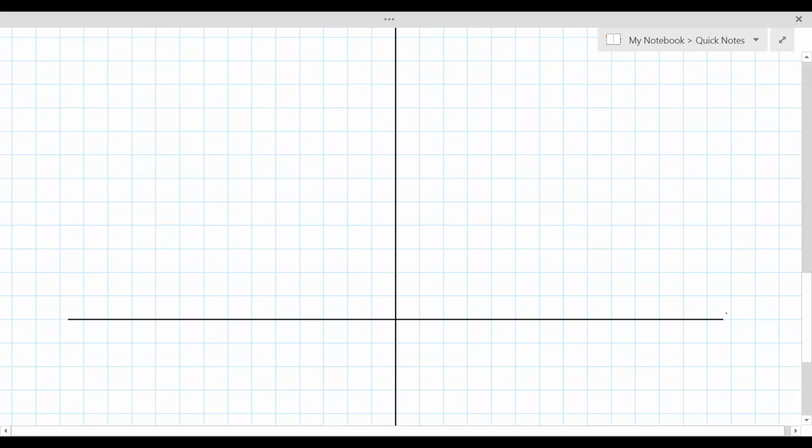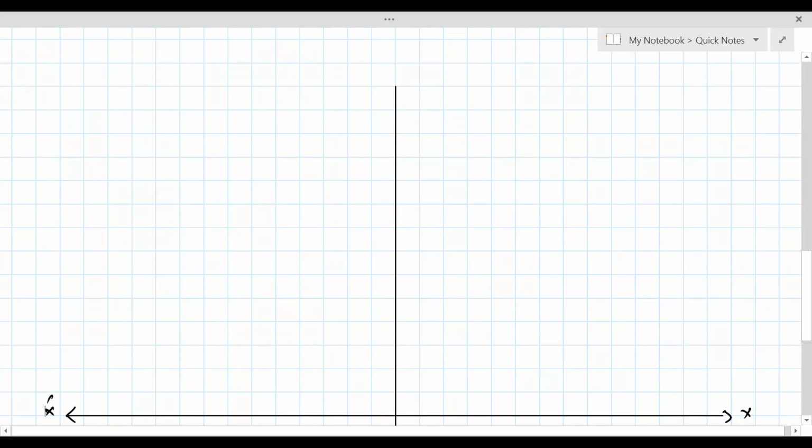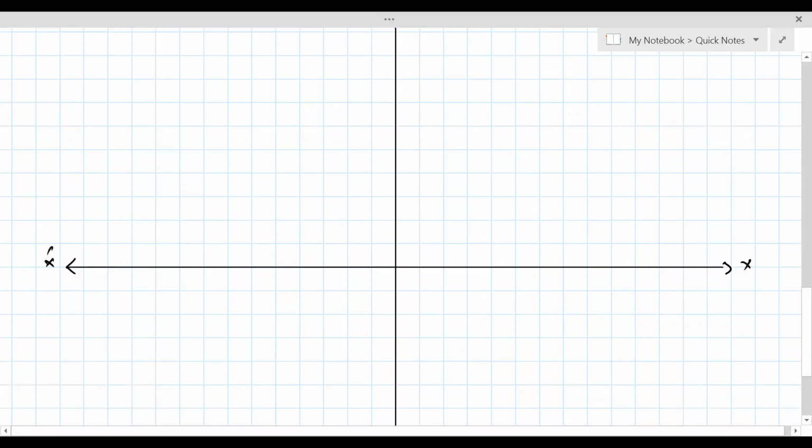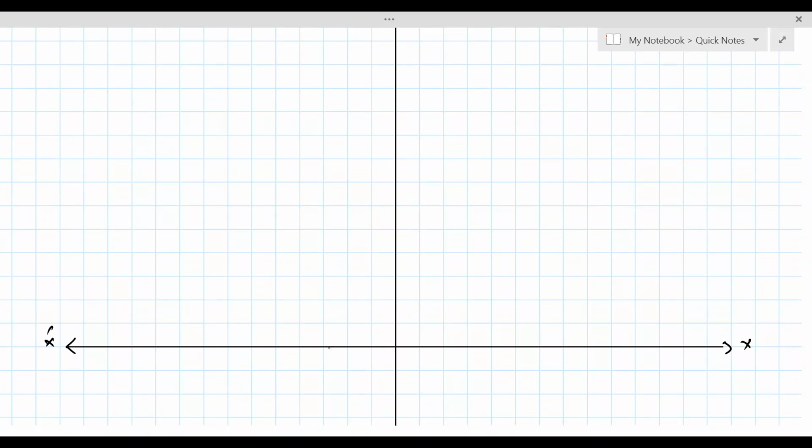So let's plot this graph. We already did, and we take this side as x-axis, this as x dash, this as y, and this as y dash. So here -3, 9 is the first pair that we need.